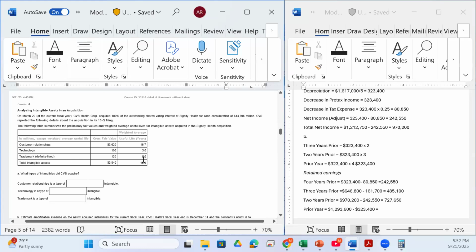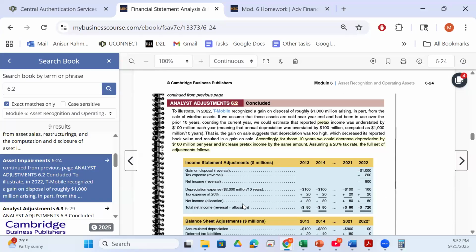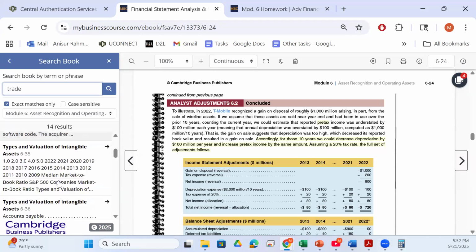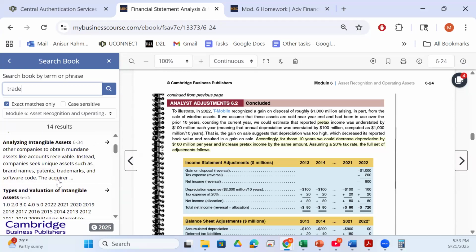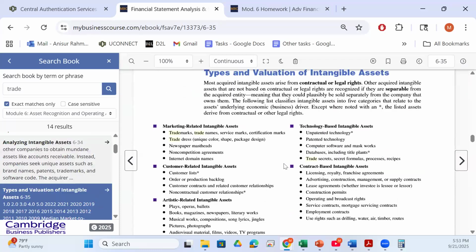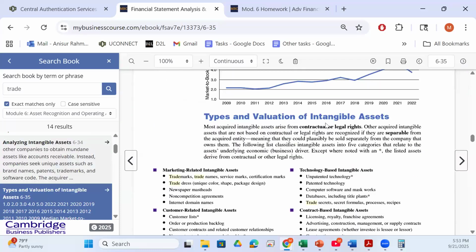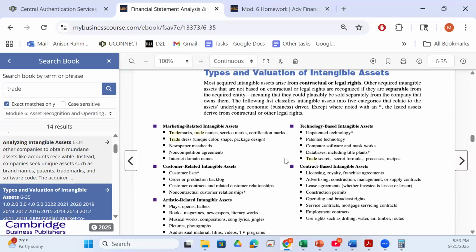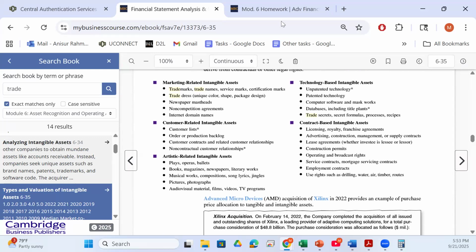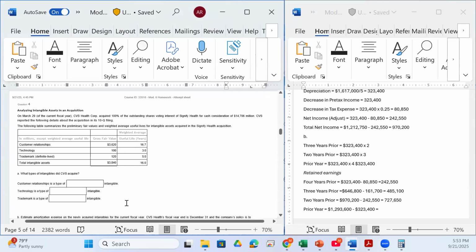To answer this question, I want you to go to the textbook and read this section, types and valuation of intangible assets. There are different categories of intangible assets. If you know these categories, you will be able to answer a similar question like this.